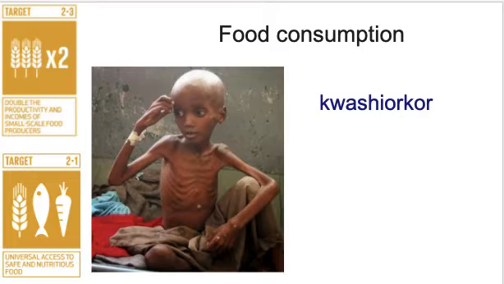Marasmus is an inadequate energy intake of all forms, including protein. This has been a particular concern because much of the progress made in the 1950s for food production simply focused on carbohydrate and calorie intake and didn't really focus enough on protein.